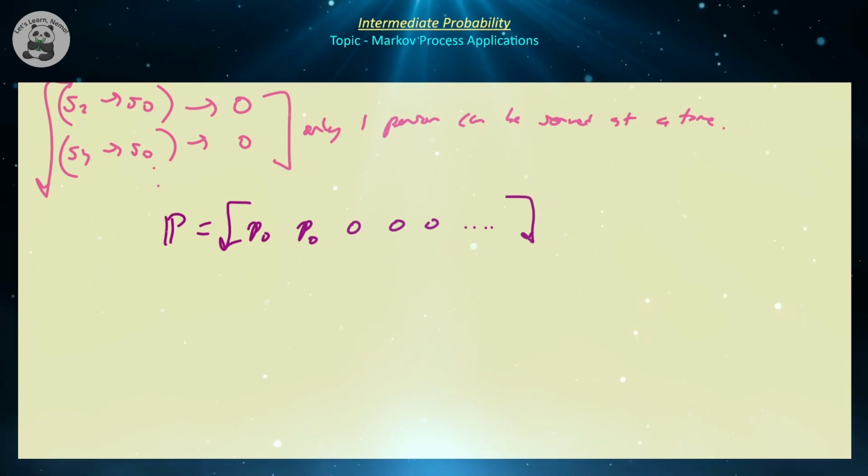All right, so let's see if we can figure out the rest of this particular matrix. So that's from 0 to 0, 1 to 0, 2 to 0, 3 to 0, 4 to 0, and so on. So what about the rest of this particular process?